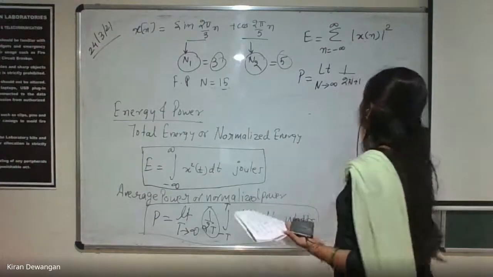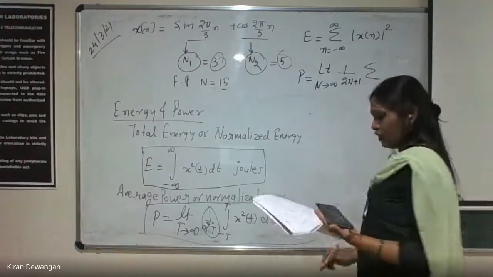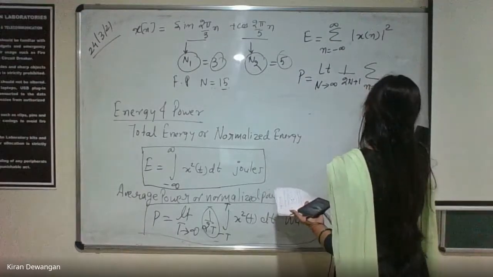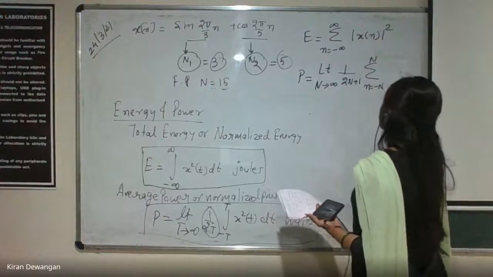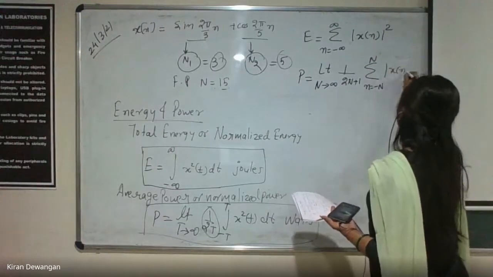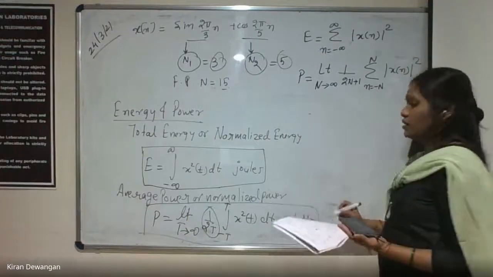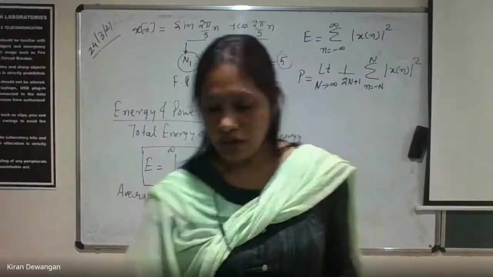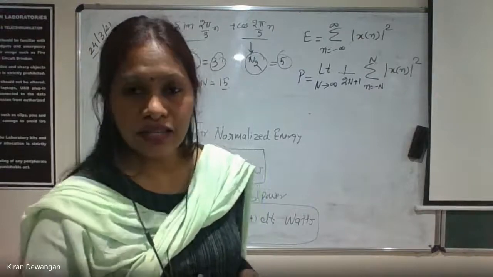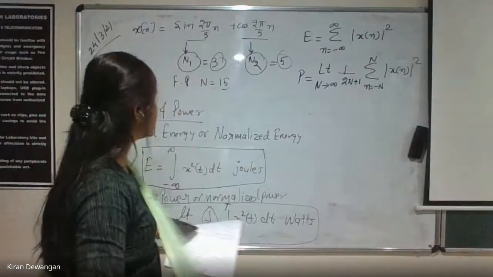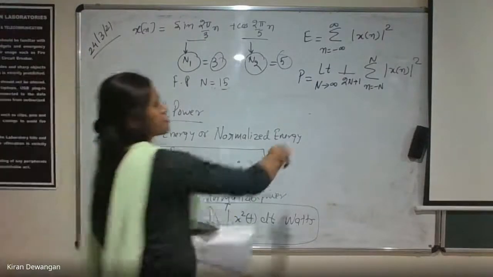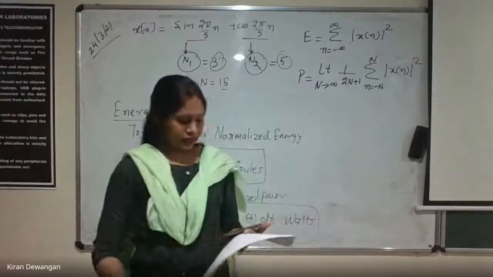And the summation is from n equals minus N to plus N. Again, inside it will be mod x[n] squared. So these are the formulas for energy and power calculation for any particular signal or sequence. If the signal is in continuous time, we calculate it in this way. If the signal is in discrete time, we calculate it in this way.